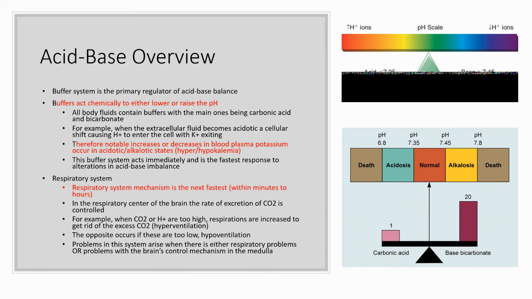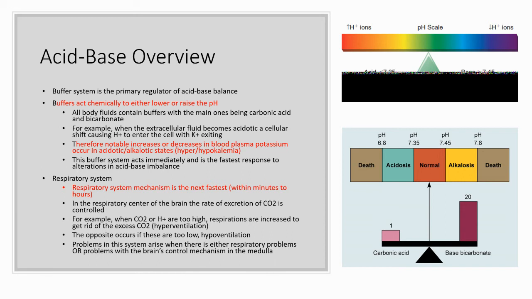The buffer system is the primary regulator of acid-base balance, and buffers act chemically to either lower or raise the pH. All body fluids, including blood, contain buffers, with the main ones being carbonic acid and bicarbonate. For example, when the extracellular fluid becomes acidotic, a cellular shift occurs, causing hydrogen ions to enter the cell with potassium exiting.